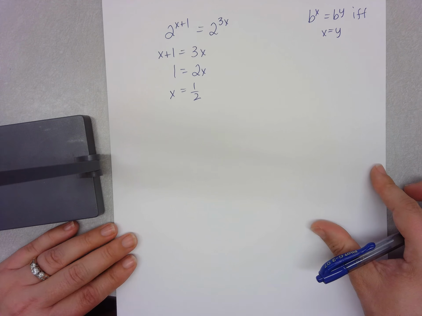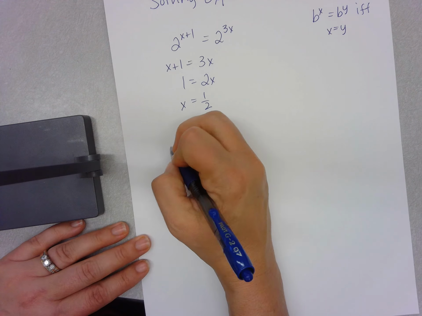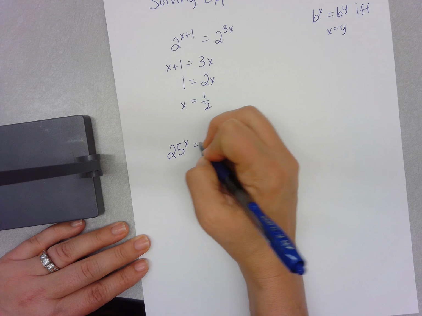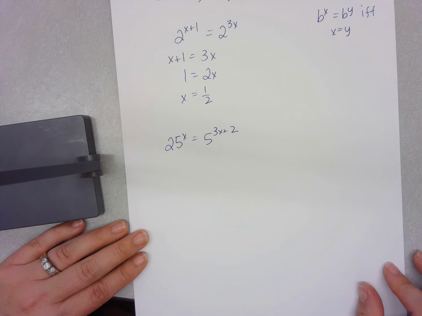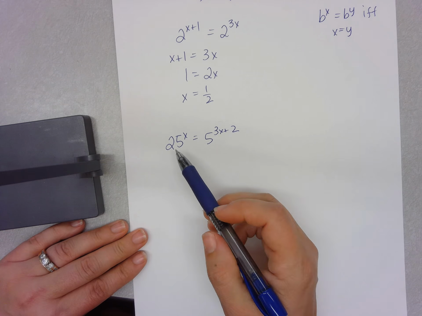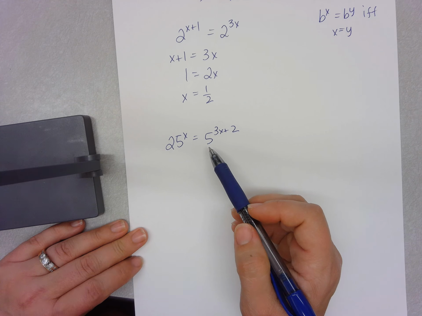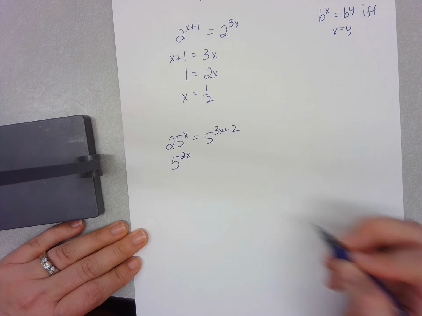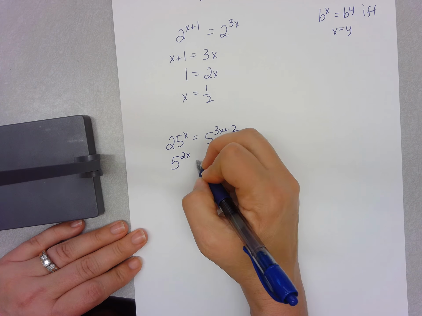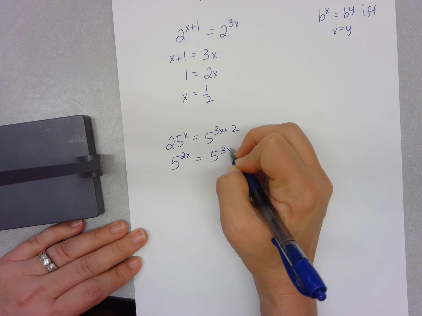Alright, so let me take it a step further. If I have 25 to the x equals 5 to the 3x plus 2. Now this time I don't have the same base, but I do know that 25 is a power of 5. So I could write this as 5 squared, and then I write times the x that was already there, equals 5 to the 3x plus 2.